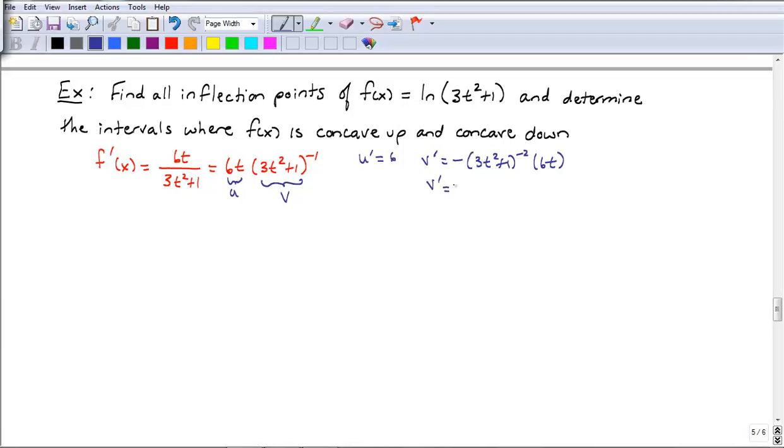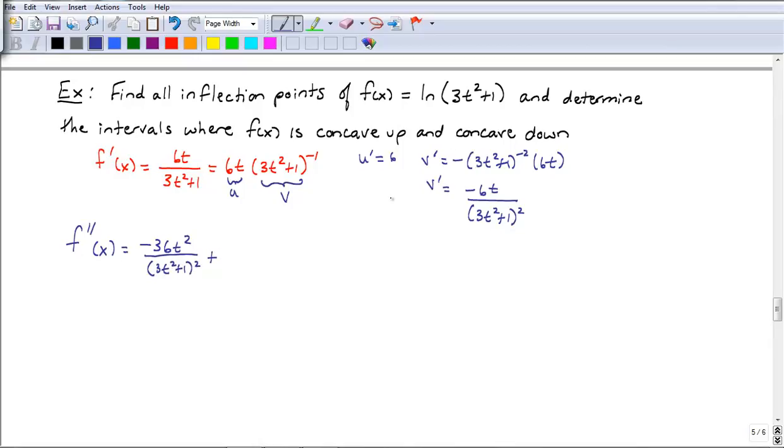And if I write that out so it's a little more simplified, it's 6t times negative 6t over 3t squared plus 1 squared on the bottom. And so I can do uv prime. Notice 6t times -6t is negative 36t squared over 3t squared plus 1 squared.